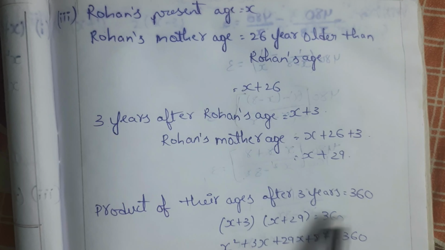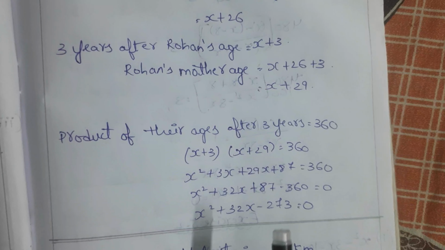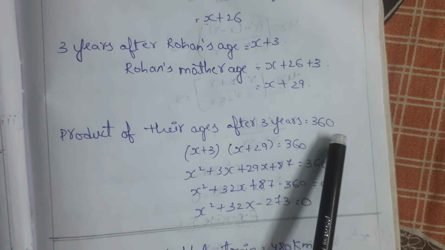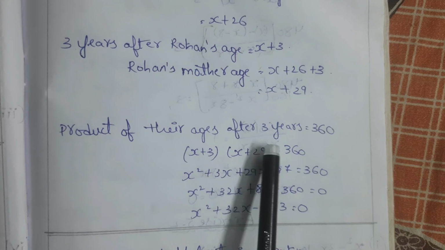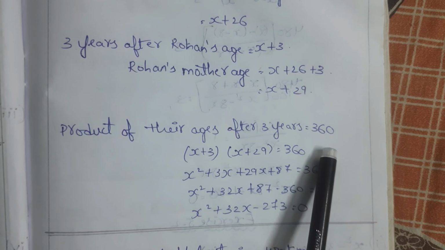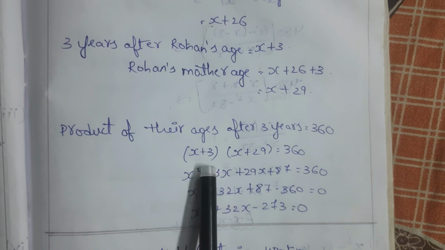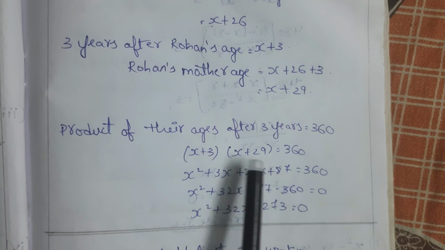Another given part is that the product of their ages after 3 years is 360. Rohan's age is x plus 3. Rohan's mother's age is x plus 29.